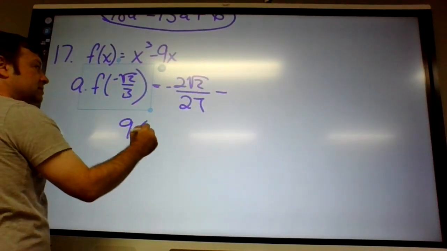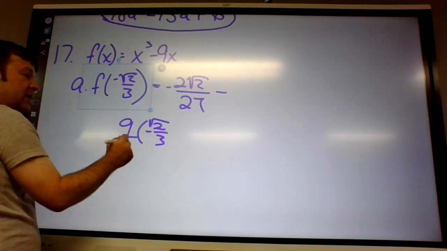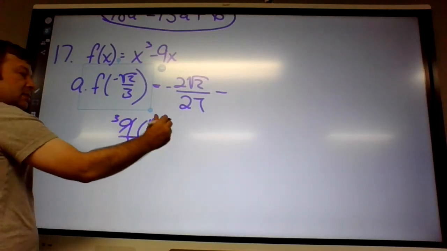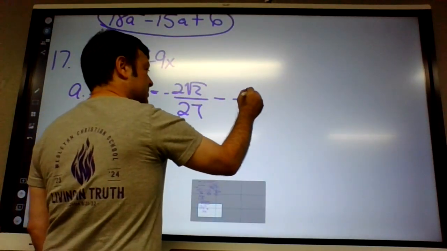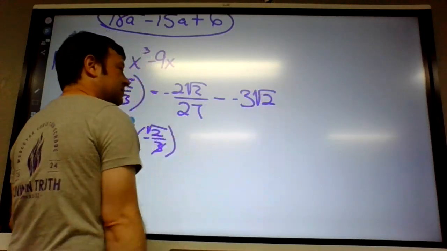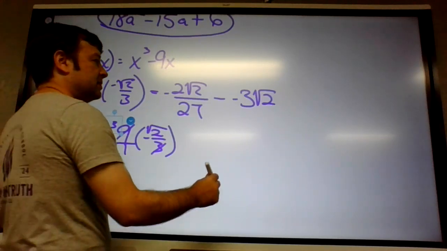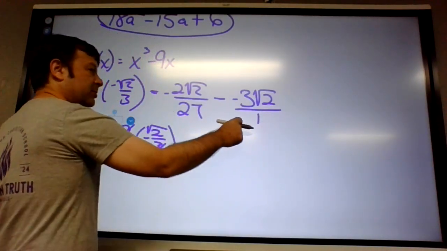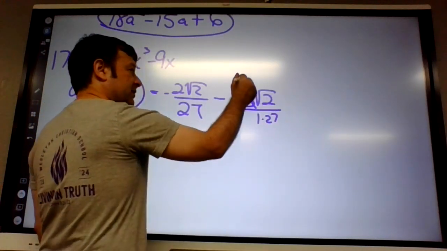And then 9 times this. The 9 just cancels out with the 3. So it's negative 3 square root of 2. And those can go together because they're both square root of 2's. So I'm going to multiply this by 27, so this becomes 27, this becomes 81.